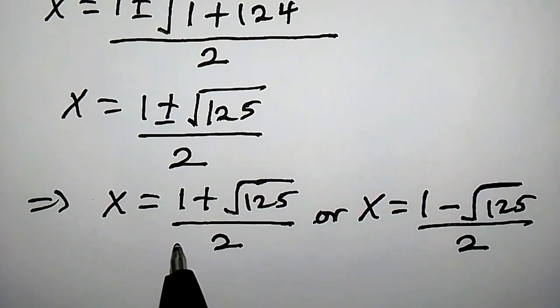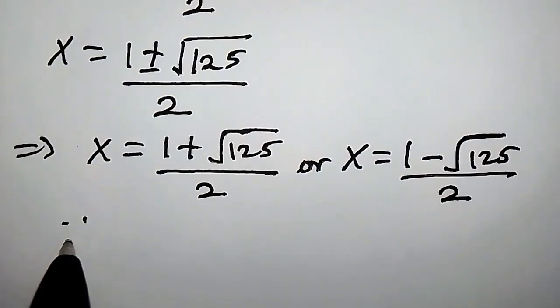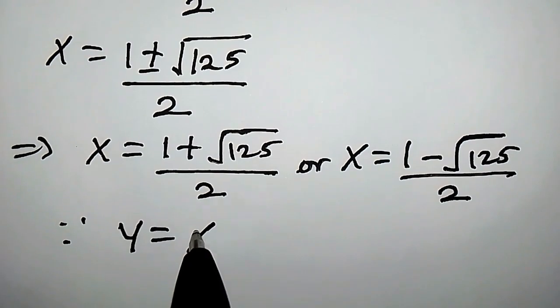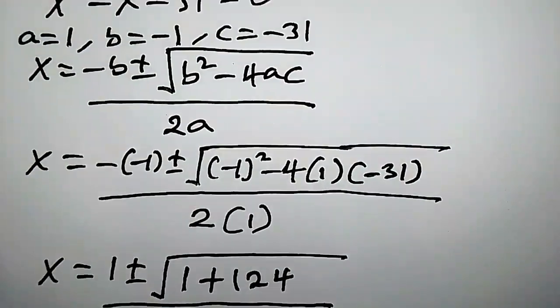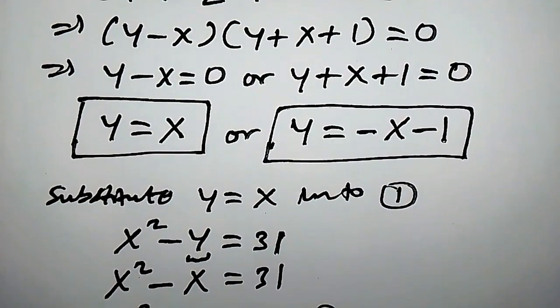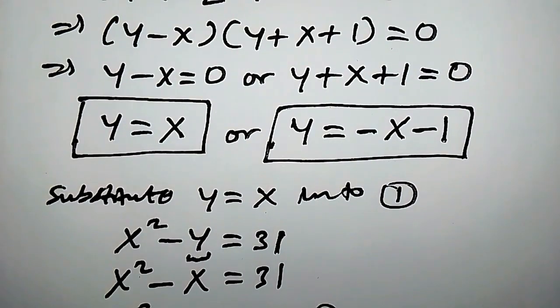Thus, we have two values for x. Since y is equal to x, let me show you where we got this from. It's from this line.